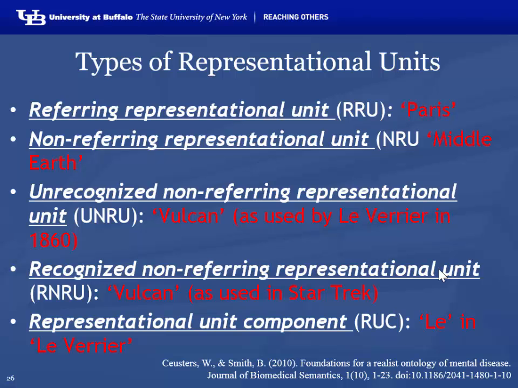So one of the applications of this work, which Werner has been pursuing with great dedication, which I'm trying to help him with, goes like this. We all know that ontologies evolve over time, and they get better, we hope. And that means that more of the terms in the earlier ontologies, which were not about anything, are eliminated, and new terms are in the newer versions of the ontologies, which are about something.